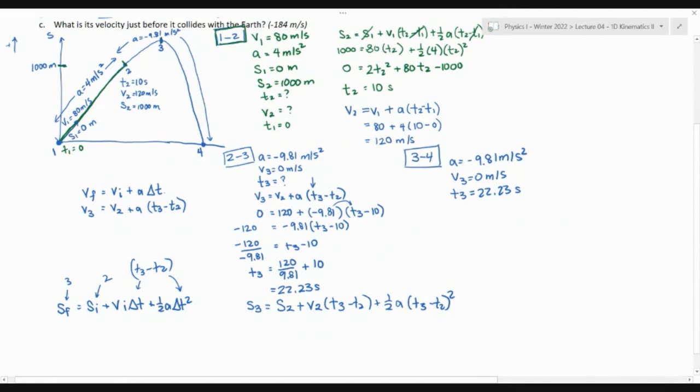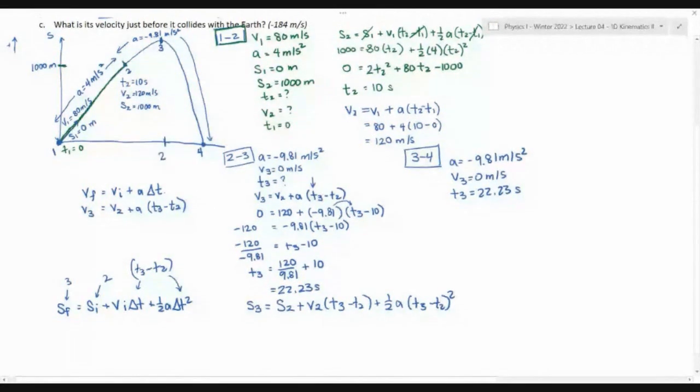Why is it T3 and not 2 to 3? So when we do this, we're already finding out the total amount of time. So basically, what time is it now? Initially, the time was 0. At 2, the time is 10 seconds. At 3, the time is 22.23 seconds. It's the total time.